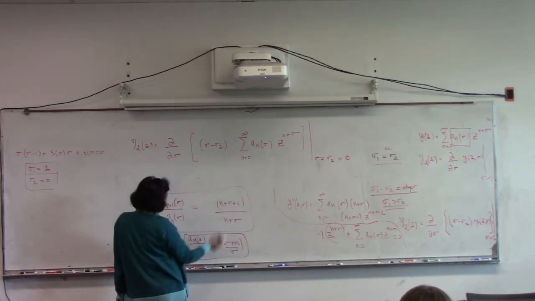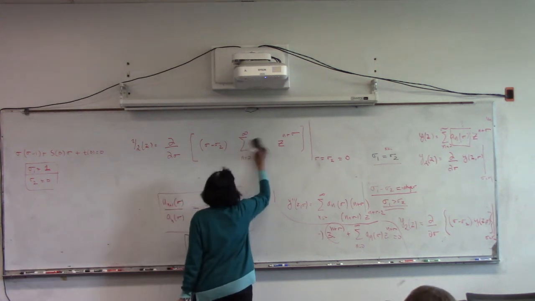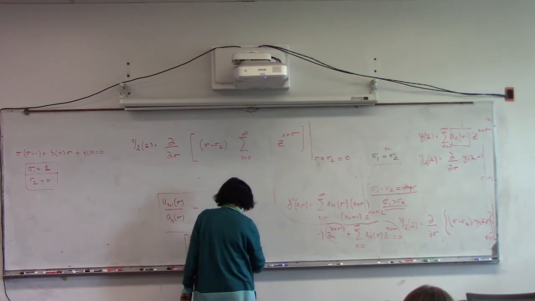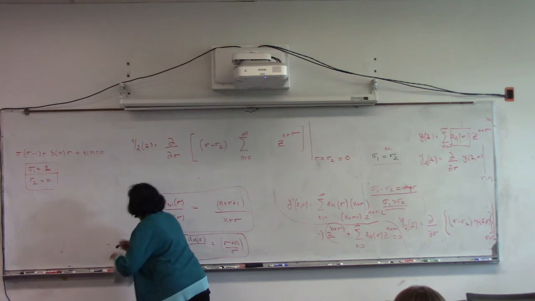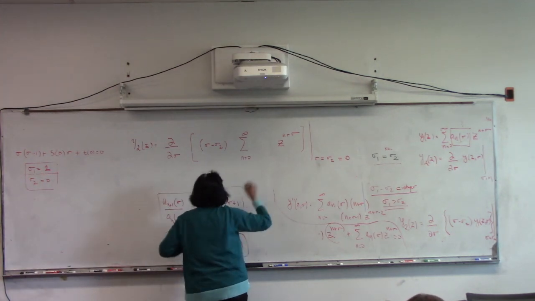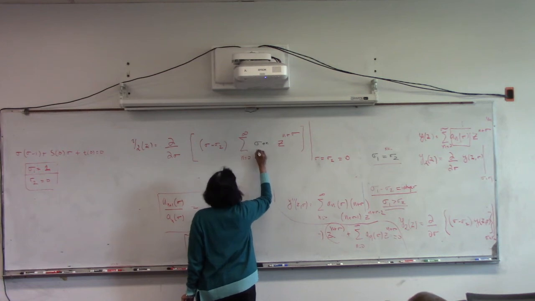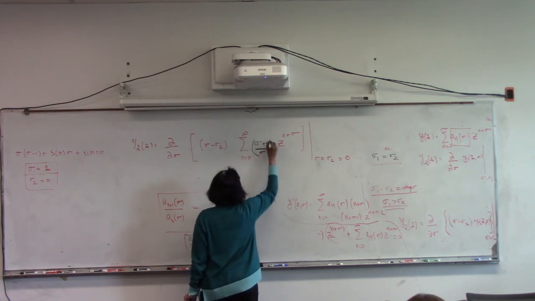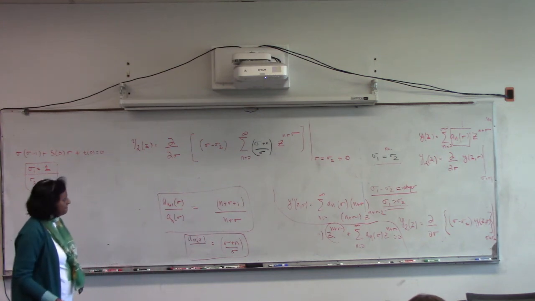Now I can write a_n(sigma) as this. I have the functional form, so I can substitute here. Sigma plus n over sigma. Okay, I can do that, right?